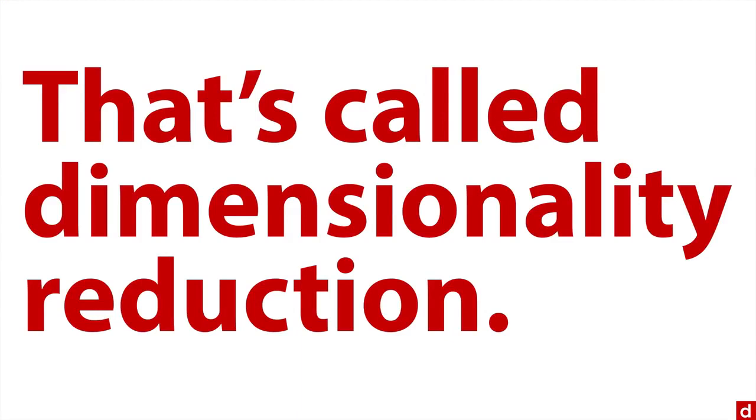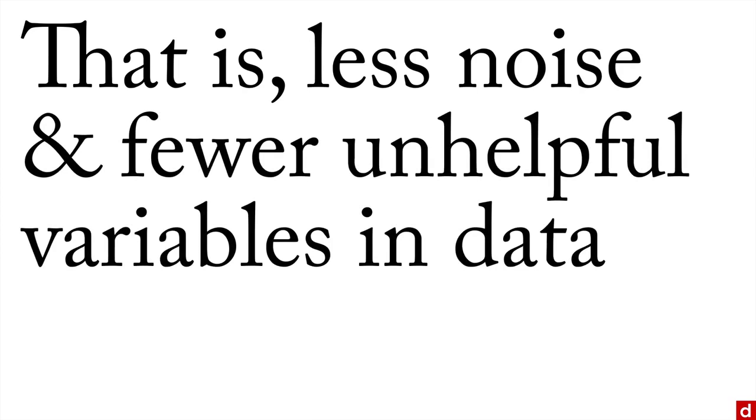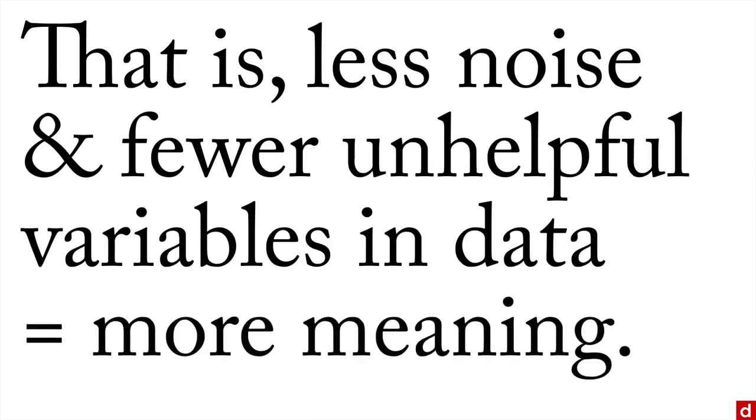You're trying to boil things down a little bit, and you can think about the saying, less is more, less equals more. More specifically, less noise and fewer unhelpful variables in your data set equal more meaning, because that's what you're trying to do. You're trying to extract meaning.